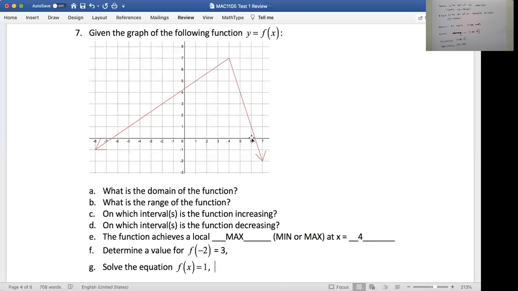So f of 6 is 1, and f of negative 5 is 1. So my answer, curly braces, would be 6 comma negative 5 would be the solution to f of x equals 1.